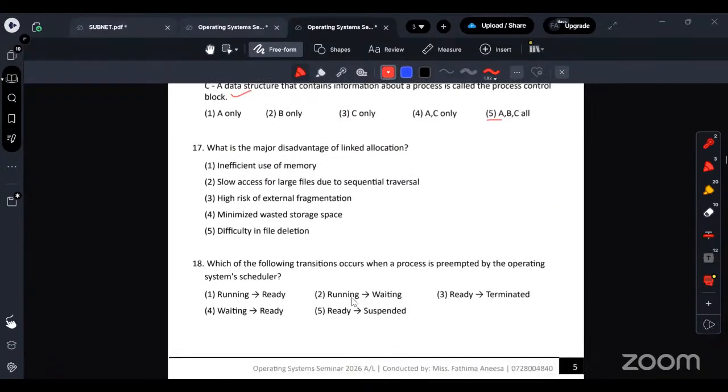What is the major disadvantage of linked allocation? This is a question they often test. What is it?